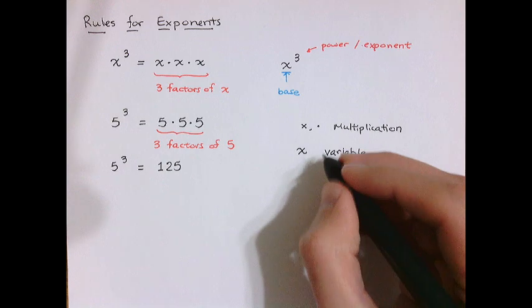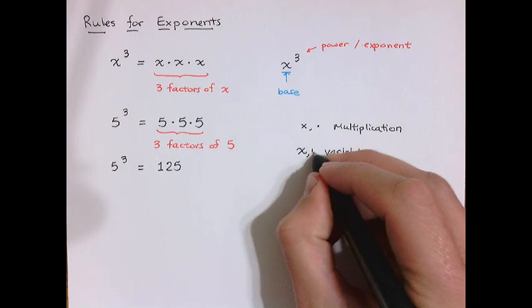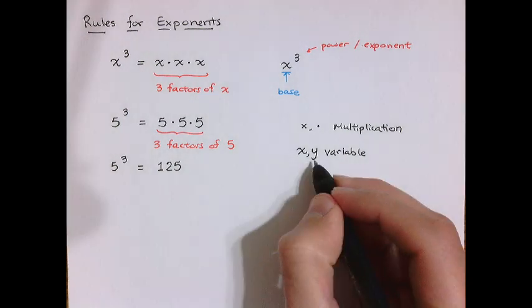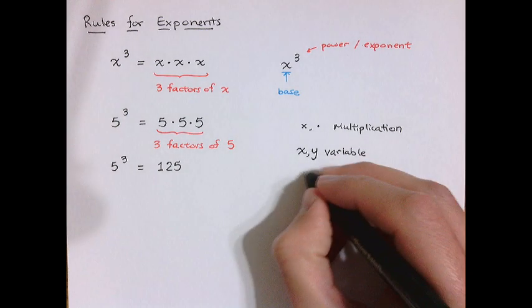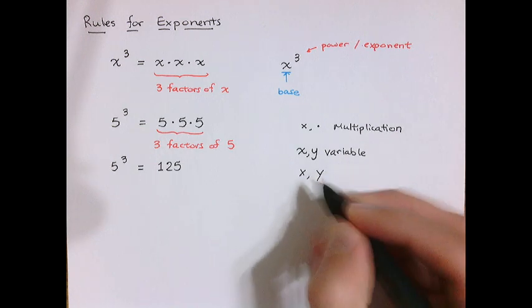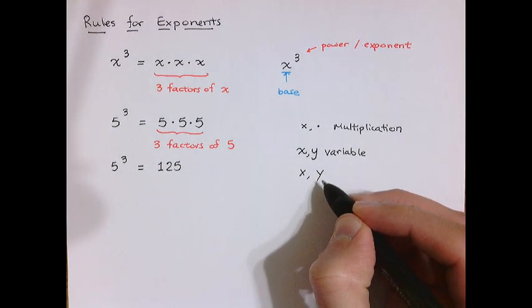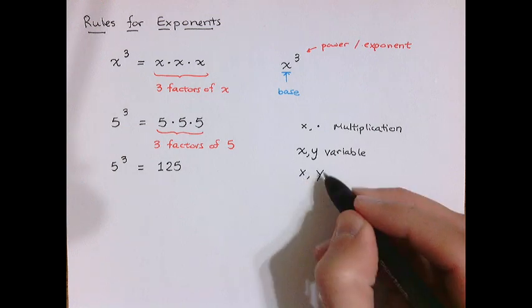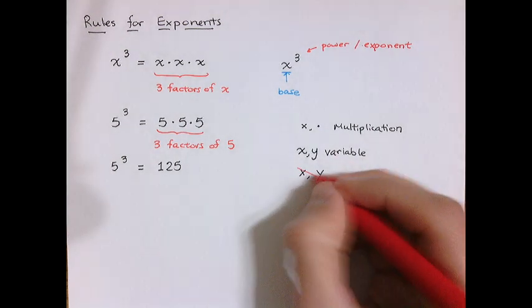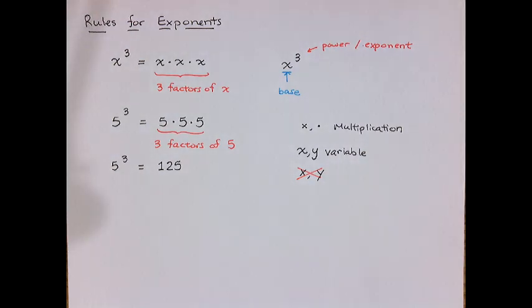Same thing for your variable y. It's a lot better to write it like this and not writing your letters x and y like that. You might say, well, that looks a little bit neater and cleaner. Yeah, but if you're going too fast, your x may become your y, and your y may become your x. So I say, let's not do that.